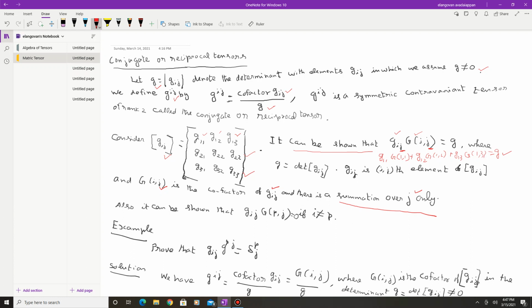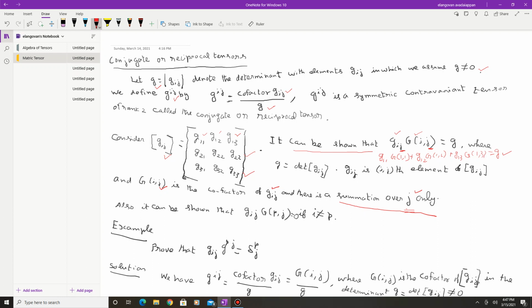The summation is only from j equal to 1 to n, so here it is 1 to 3.